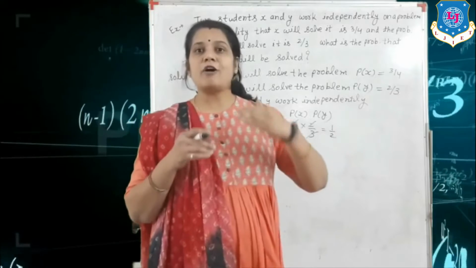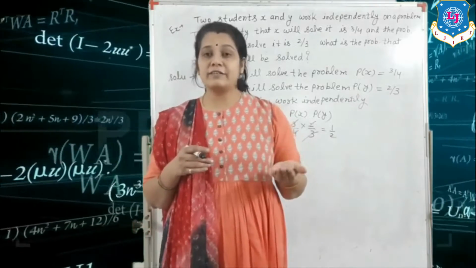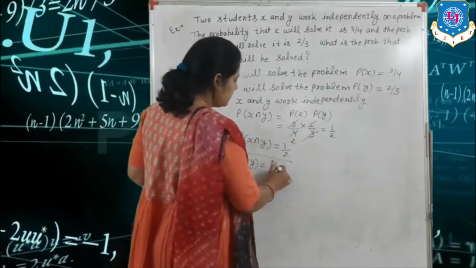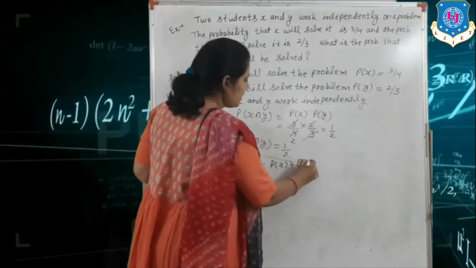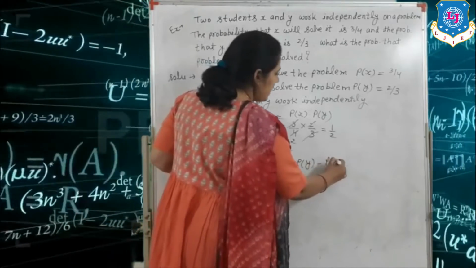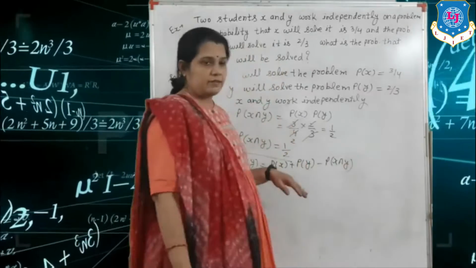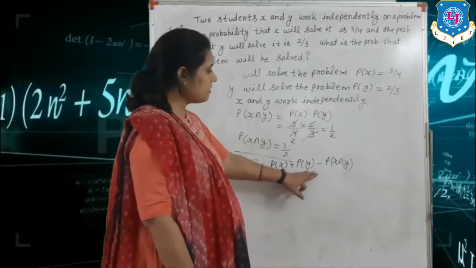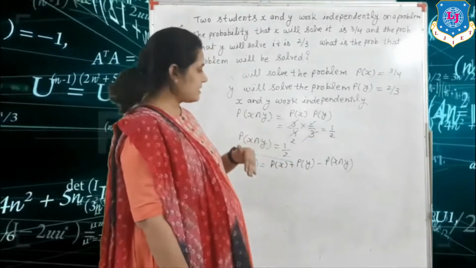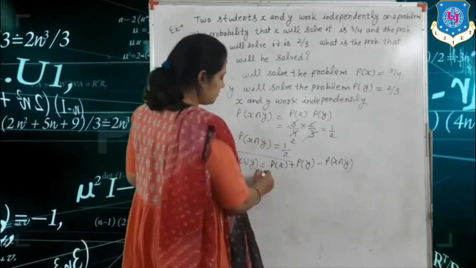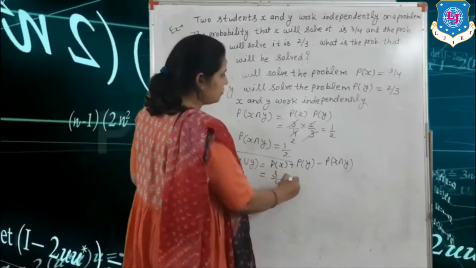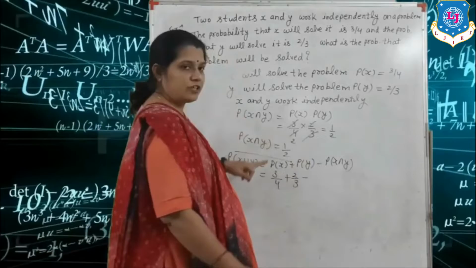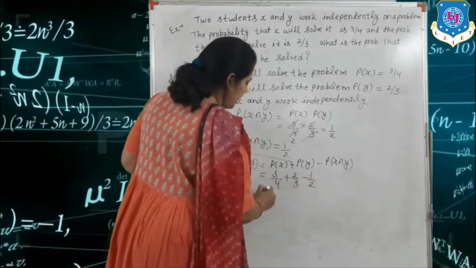So what is the formula of the probability of X union Y? The formula is P(X union Y) is equal to P(X) plus P(Y) minus P(X intersection Y). What is the value of P(X)? P(X) is equal to 3 by 4, P(Y) is equal to 2 by 3, minus X intersection Y, which is 1 by 2.